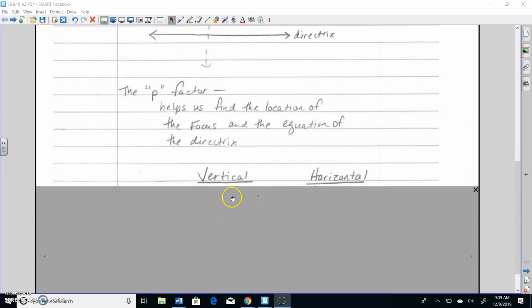Okay, so we have to identify the focus and directrix for vertical and horizontal. It's going to be a little different.